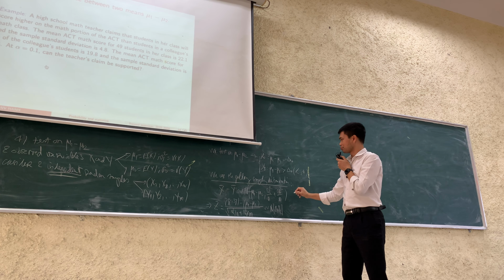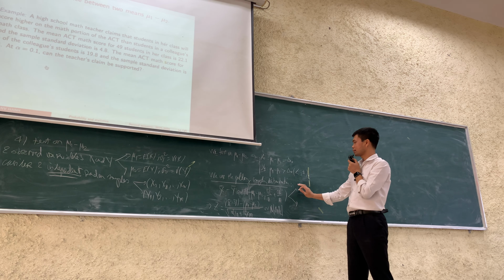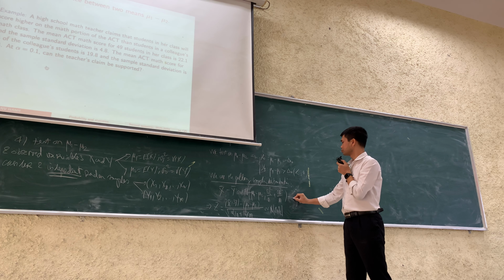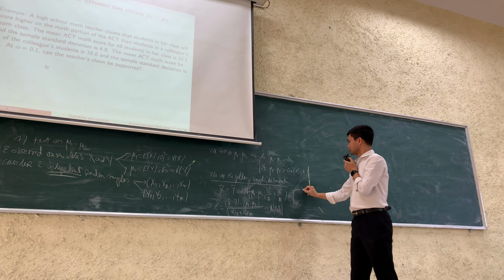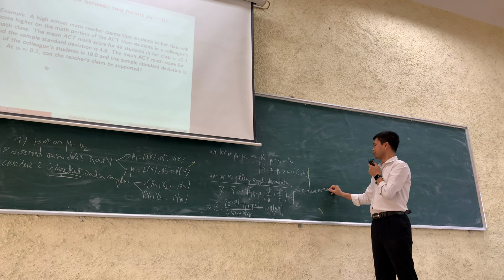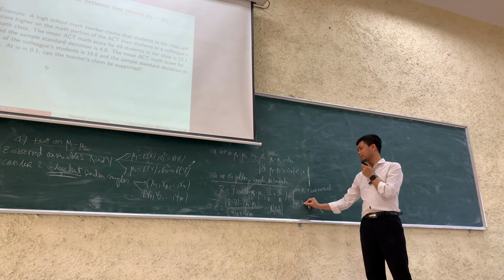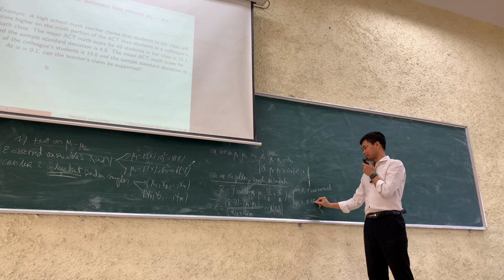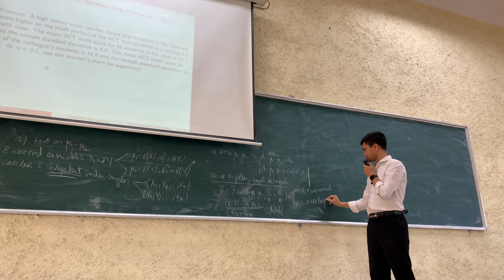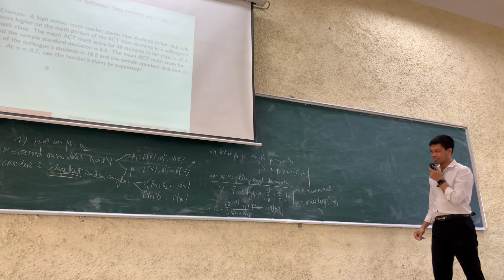Okay, so this sampling distribution is true if and only if what? When x and y are normal. If x and y are not normal, the sample size must be large, greater than 30. Okay, if one of these two requirements is satisfied.